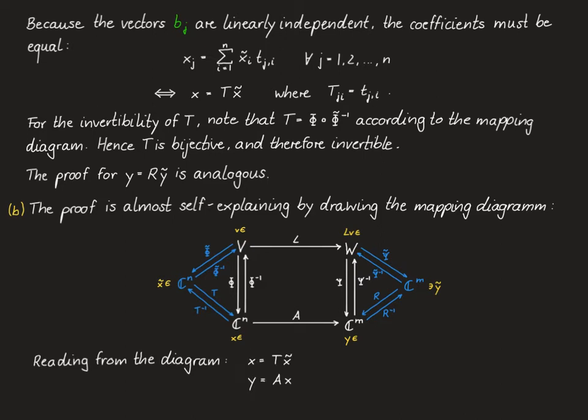So reading directly from the diagram, we get that x equals T times x tilde and y equals Ax, meaning that y equals ATx tilde. And finally, y tilde equals R inverse y, and hence equals R inverse ATx tilde. So therefore, the matrix representation of the linear operator L with respect to the bases B tilde and C tilde is given by this matrix, which we call A tilde.